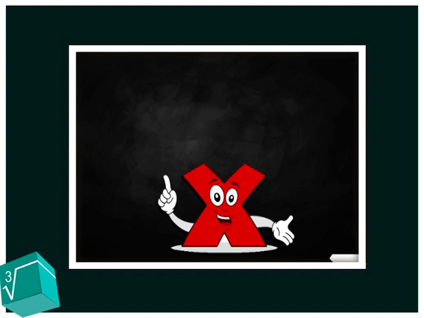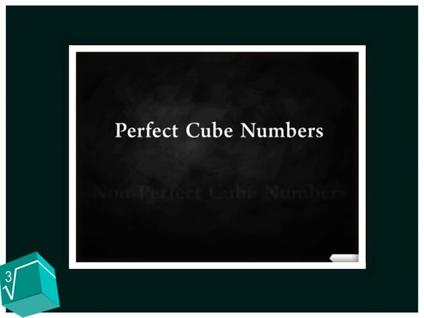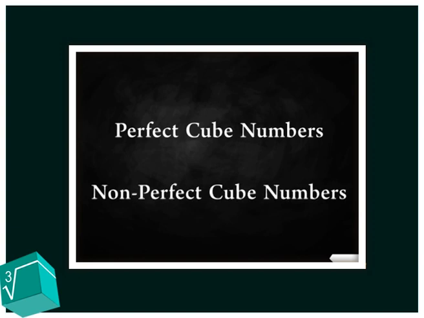But is 217 a perfect cube? No, because it does not have exact factors which can be multiplied by itself 3 times to give 217. There are a few more examples of perfect cube numbers and non-perfect cube numbers.